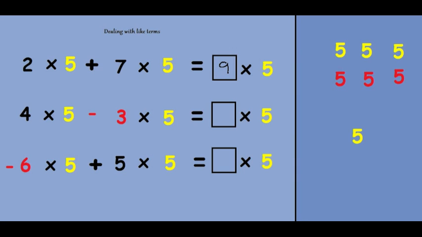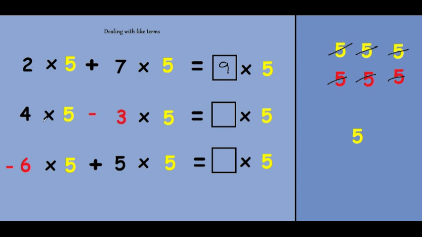And what's going to happen is that a positive 5 and a negative 5 are going to cancel out and become 0. Like when they meet, they annihilate each other. And these two are going to annihilate each other into nothing. And these two, when they meet, will become nothing as well, leaving me with just one positive 5 left over.